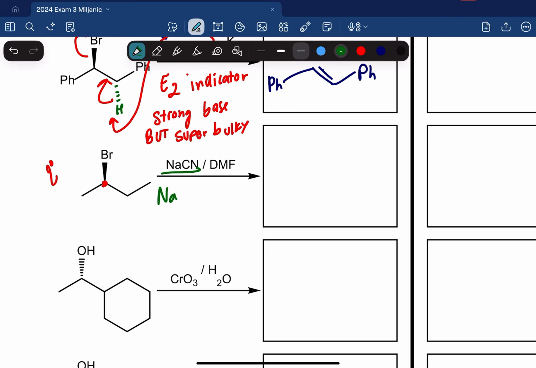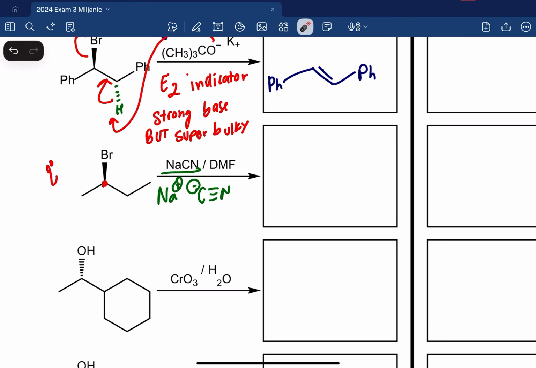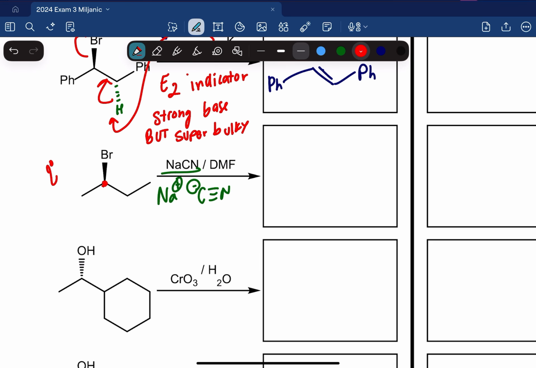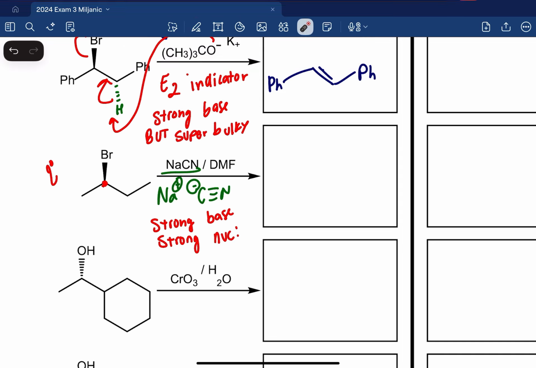So this is really Na plus, C triple bond N minus. Now this is a strong base. So we can say this is a strong base. It's also a strong nucleophile. Okay, now ask yourself, is this small enough to do substitution? Okay, and also note the solvent.